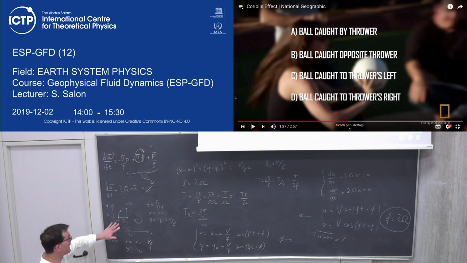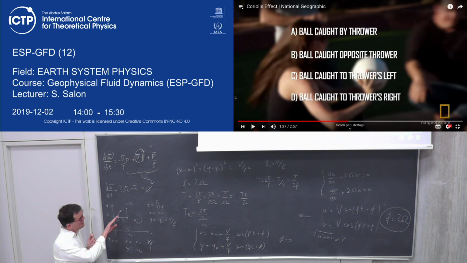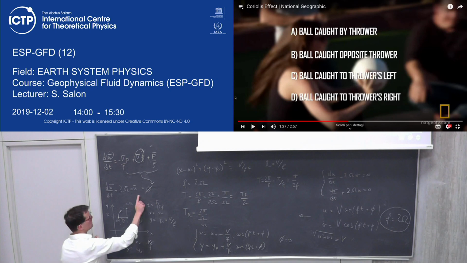We are moving something, and what we say here is that the effect of the Coriolis force is going to give the direction which is opposite to the rotation, which is in this direction.